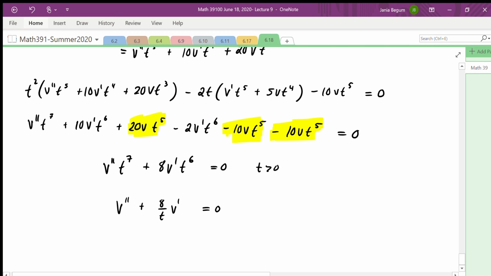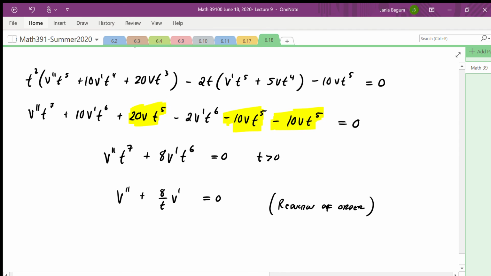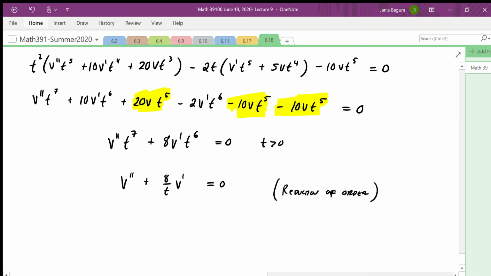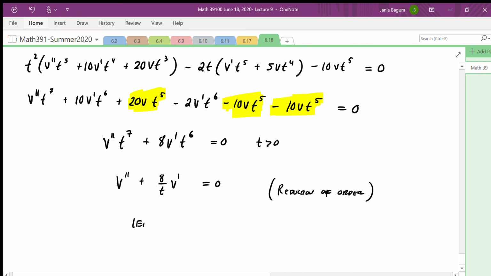So this should give you a hint to use the reduction of order we studied at the end of chapter 2. So here you have reduction of order again, or the other reduction of order. You come up with the substitution: v is already there, so I'm going to let w be equal to v prime.